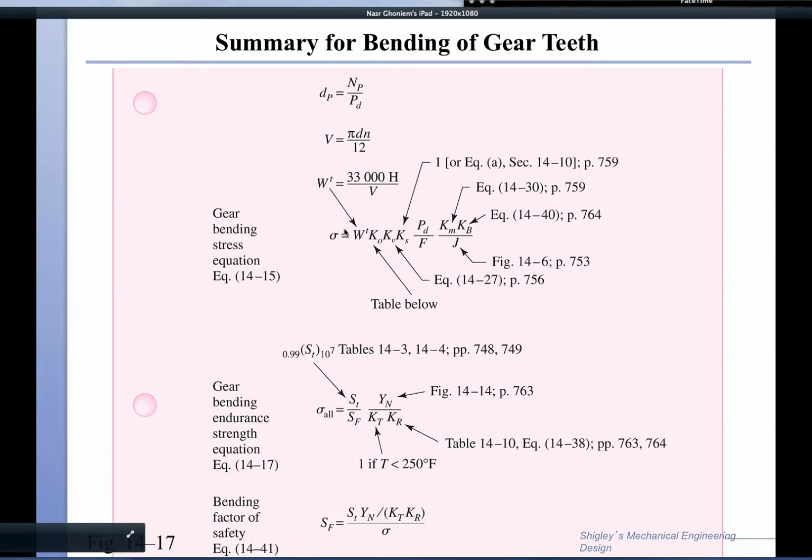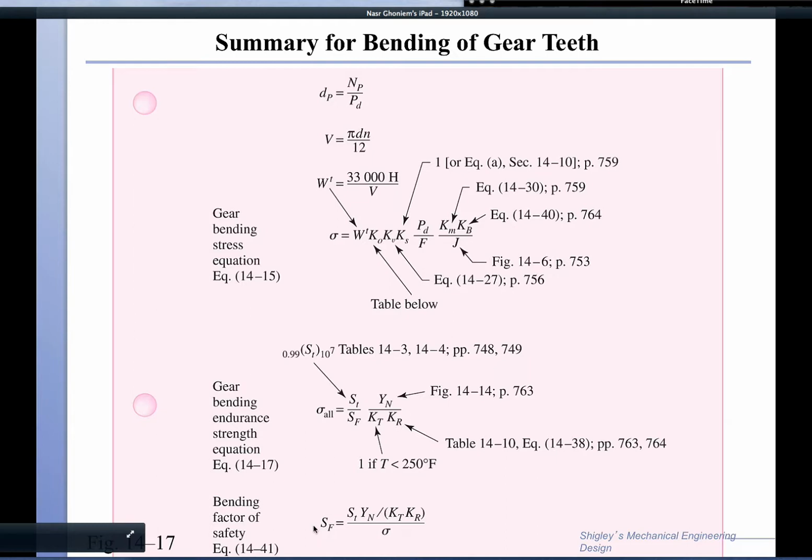Then, so this is a stress, we have to find the strength, the allowable. So the allowable is S sub T, which is at 10 to the 7 cycles. What is the allowable strength of the material from the tables, and what is the safety factor required, and now the cycle factor, and the temperature, and the reliability factor.